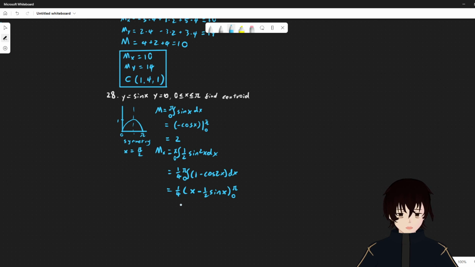Plug in 0, we get 0. Plug in pi, we get pi. So this is pi over 4. Therefore, mx over m, which is our y coordinate, is equal to pi over 8. So our coordinate is going to be pi over 2, pi over 8. About right there.